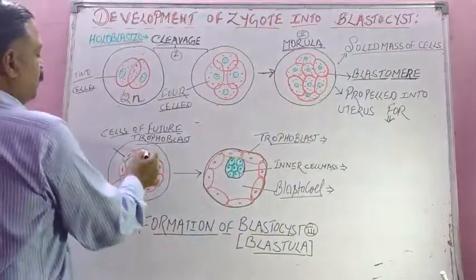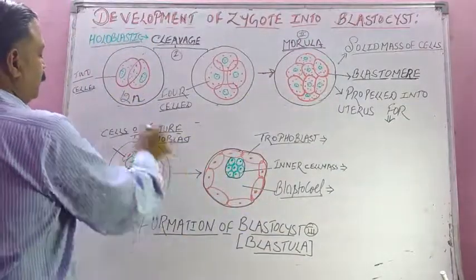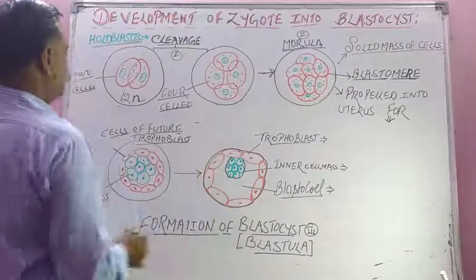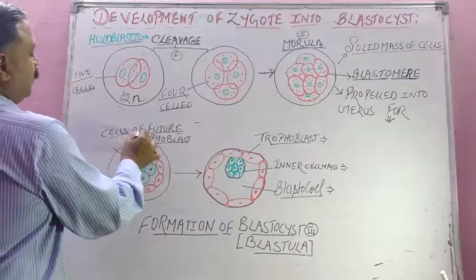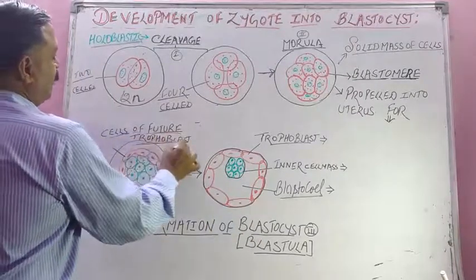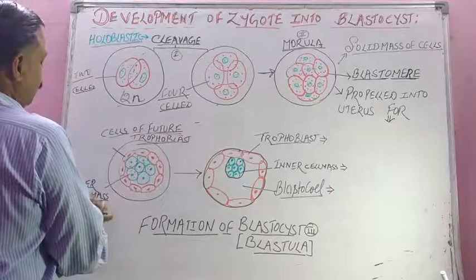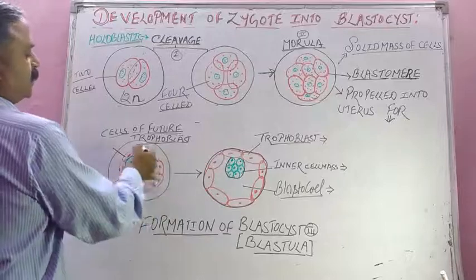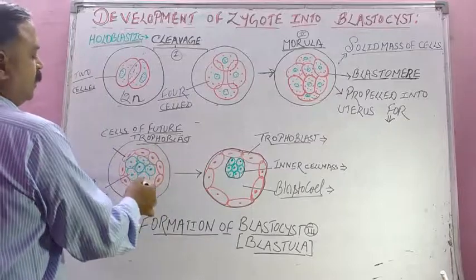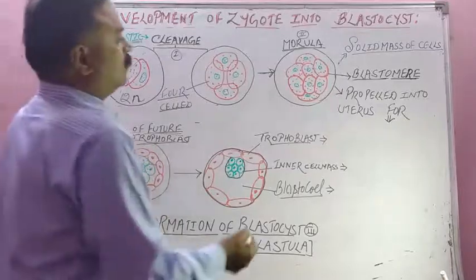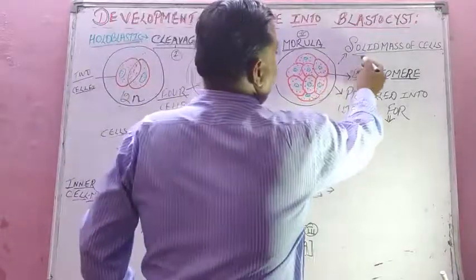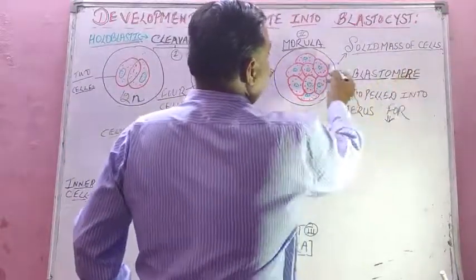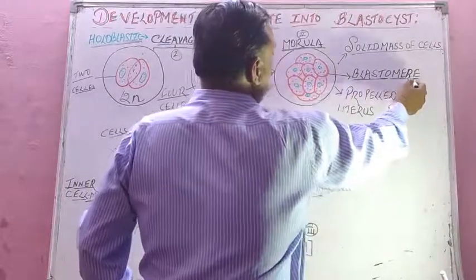These blastomeres, by dynamic rearrangement, produce a two-layered ball of cells, that is called blastula. Outermost is the future trophoblast, and then the inner cell mass. You see, this red layer is the future trophoblast. So again, morula is a solid mass of cells, and the cells are called blastomeres, isn't it?